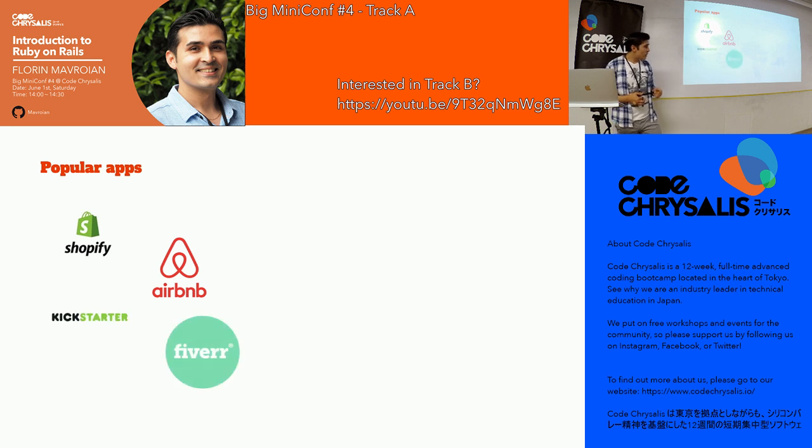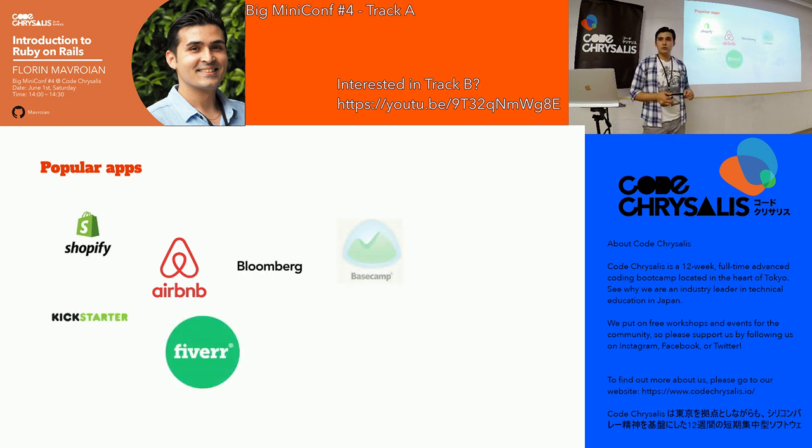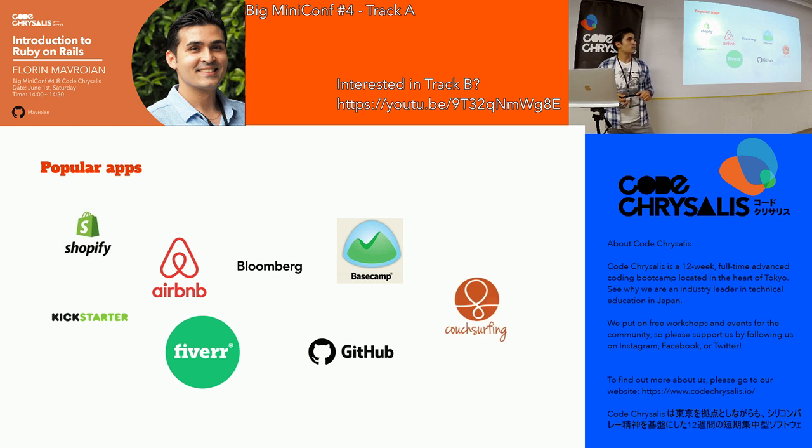These are some popular applications built in Rails, that use Rails, and I think their name says it all. Their name says how good this framework is, and that you should use it.